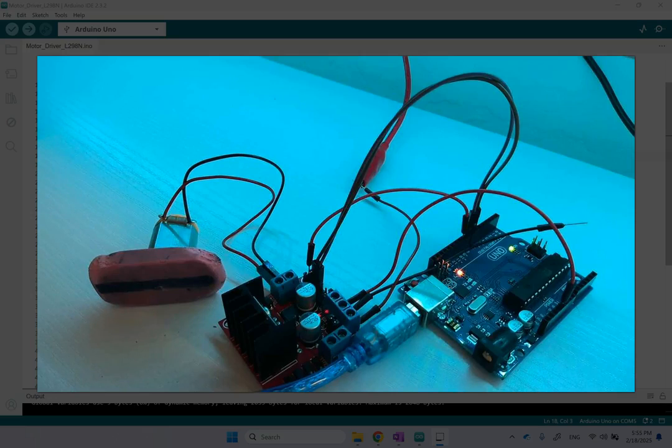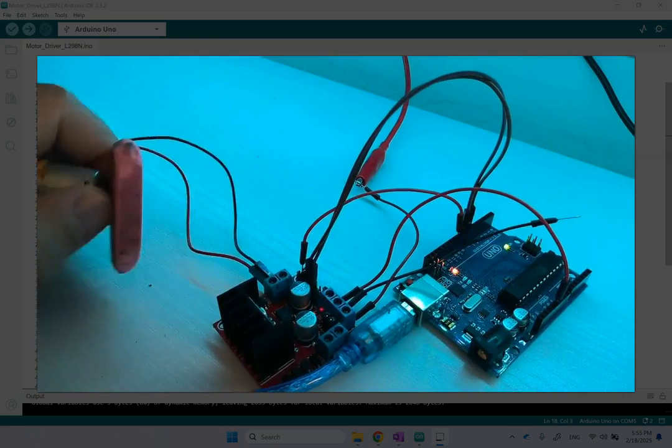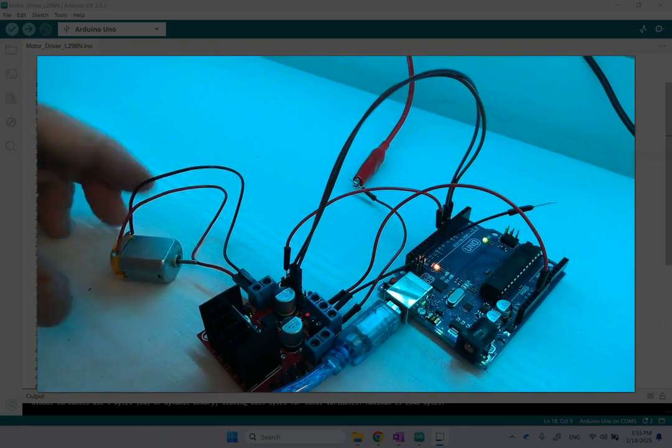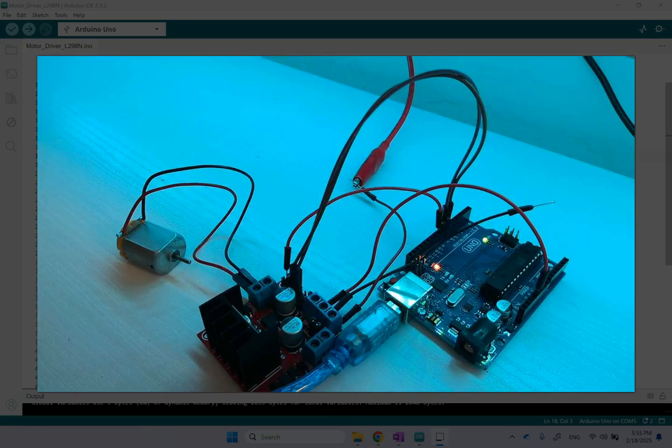Okay, so hopefully you learned something from this video. I'm just telling you that this motor is very, very hot at this moment. Okay, and as I told you, these DC motors are not really meant for long run with high voltage. Even though I'm still doing PWM, still making it very hot. So just keep in mind that if you want to go full duty cycle and go with high voltage, you are going to burn the armature.